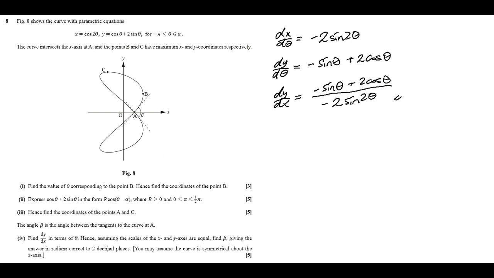So what we want to do now is find the actual gradient, and according to the previous part, we have found the theta of A as 2.678.